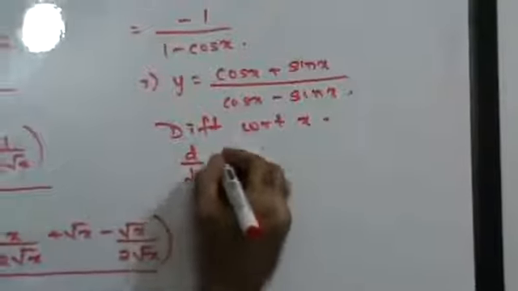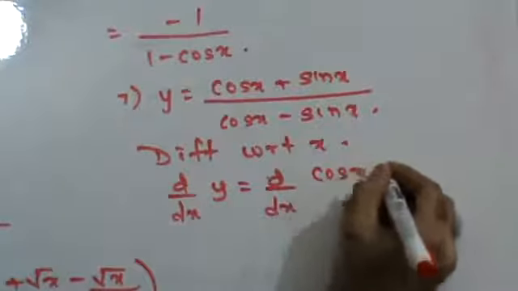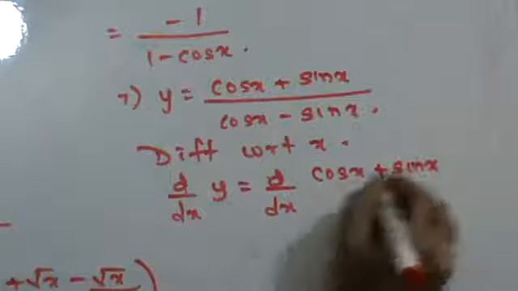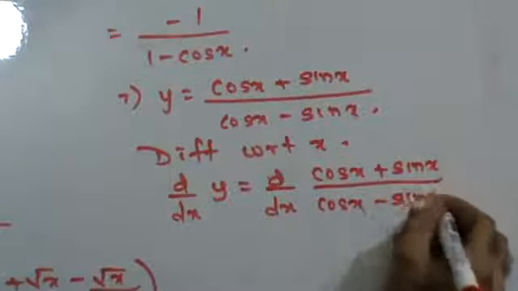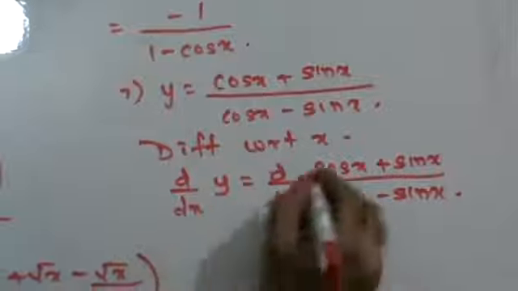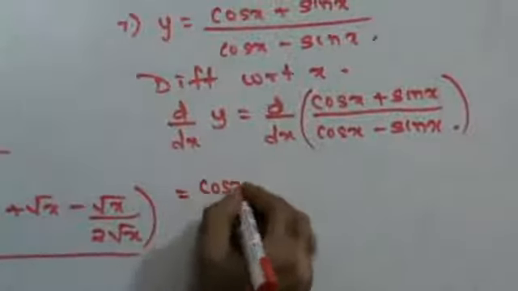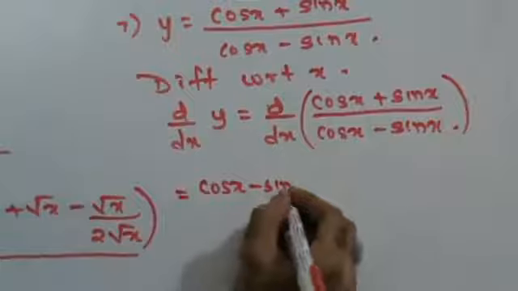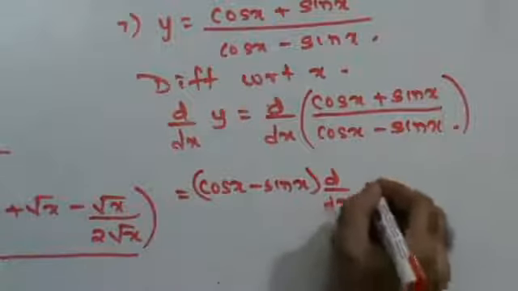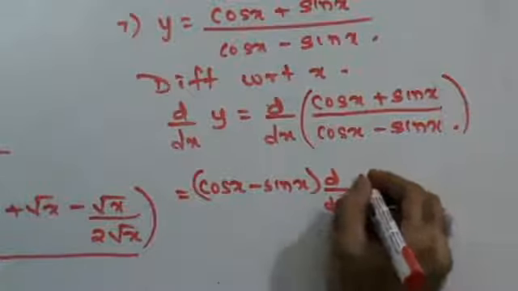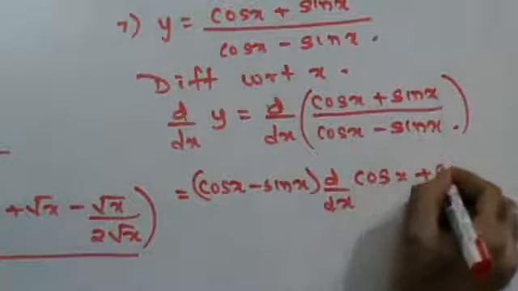Dy dx of y is dy dx of cos x plus sin x upon cos x minus sin x. Right? U upon v formula, so this is going to be v, cos x minus sin x, dy dx of cos x plus sin x.